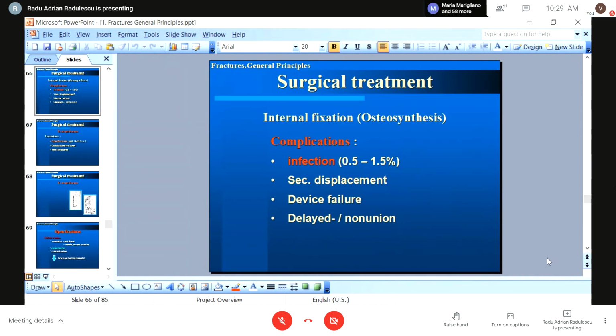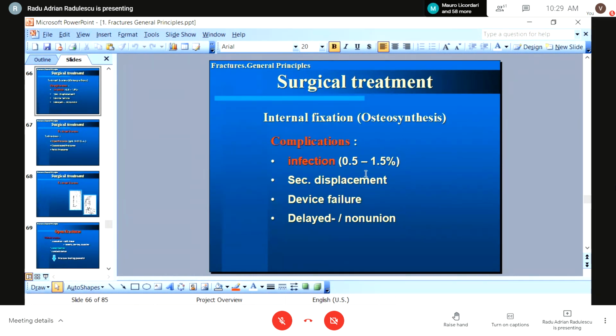Complications may also occur in this type of internal fixation, like infections. The rate of infection is usually around 1%, with variations depending on the fracture site, on the conditions of the hospital, the surgeon.